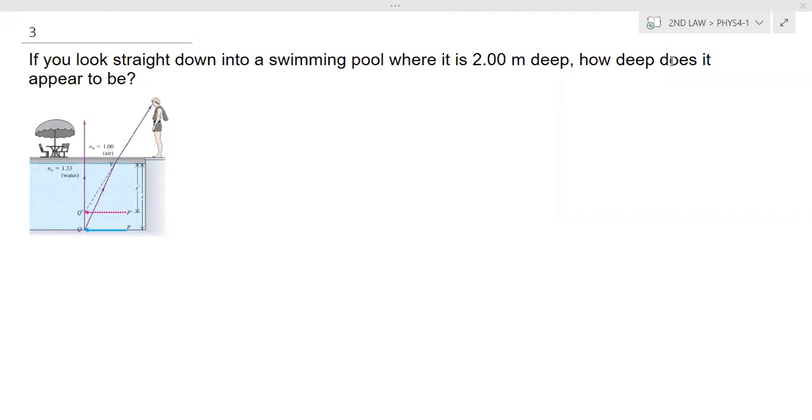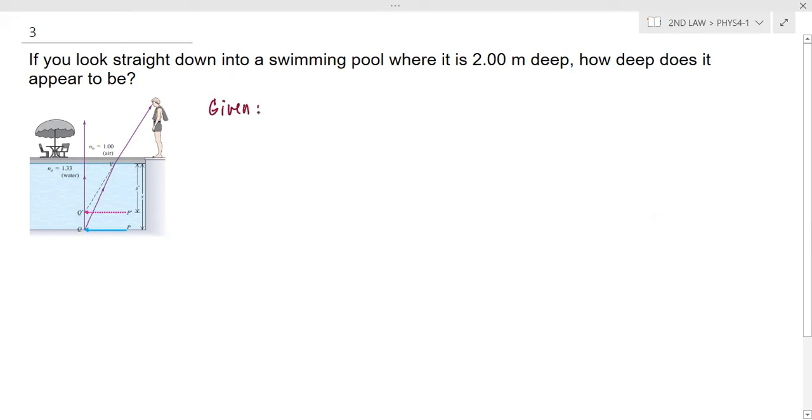Now for the third example, we have here: if you look straight down into a swimming pool where it is 2.0 meters deep, how deep does it appear to be? You can see here an image of the problem where they indicated our nb as the air and our na as the water.